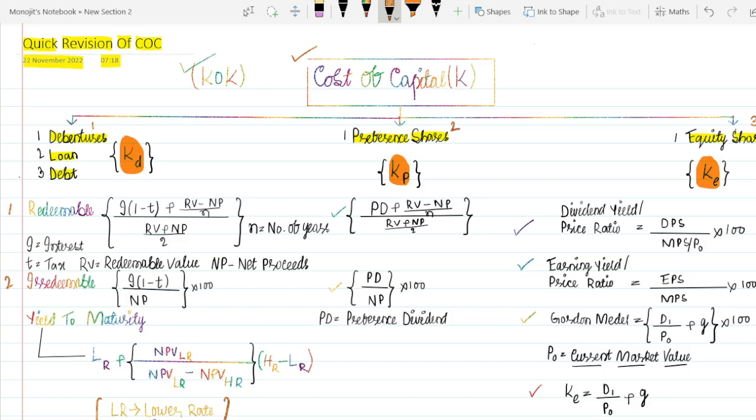For redeemable debenture, the formula is: in the numerator we need to write I, where I represents interest. I into 1 minus t.